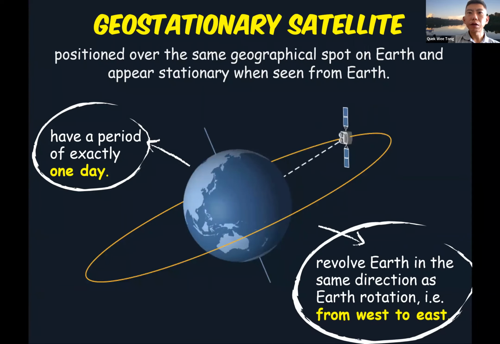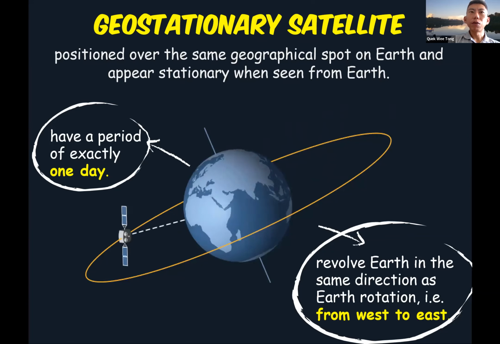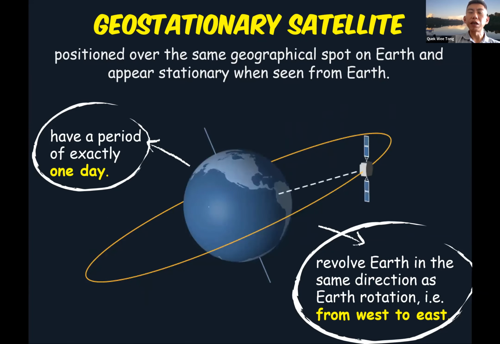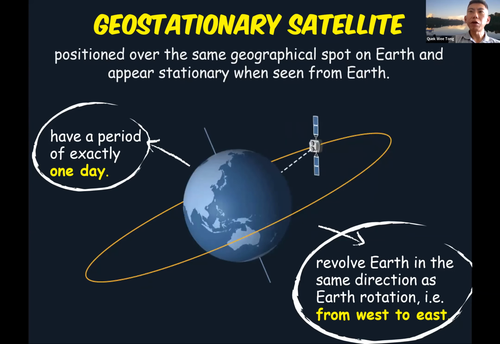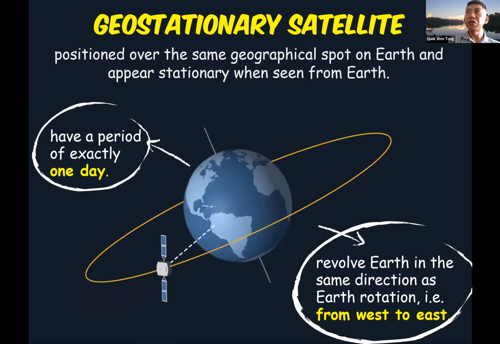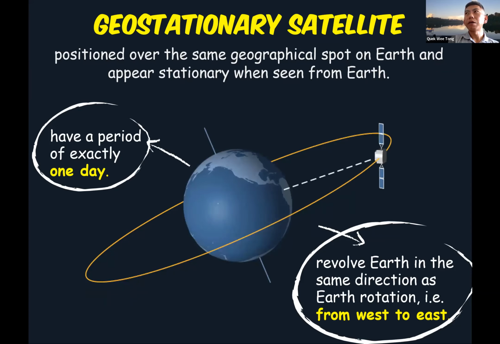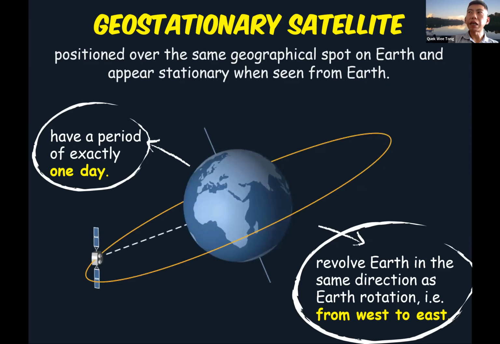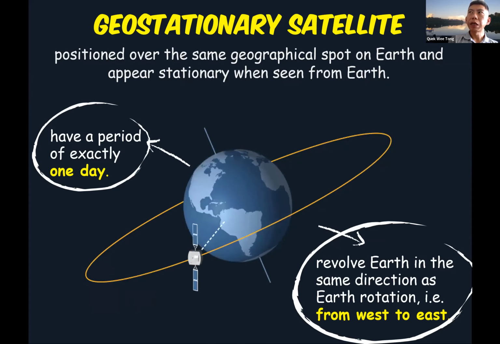What else do I want to say? Oh yeah, what other condition must a geostationary satellite have so that it is indeed geostationary? Because to get a period of 24 hours, all it needs is the radius that we just calculated, around 7 times the radius of Earth. But that doesn't make it geostationary yet.